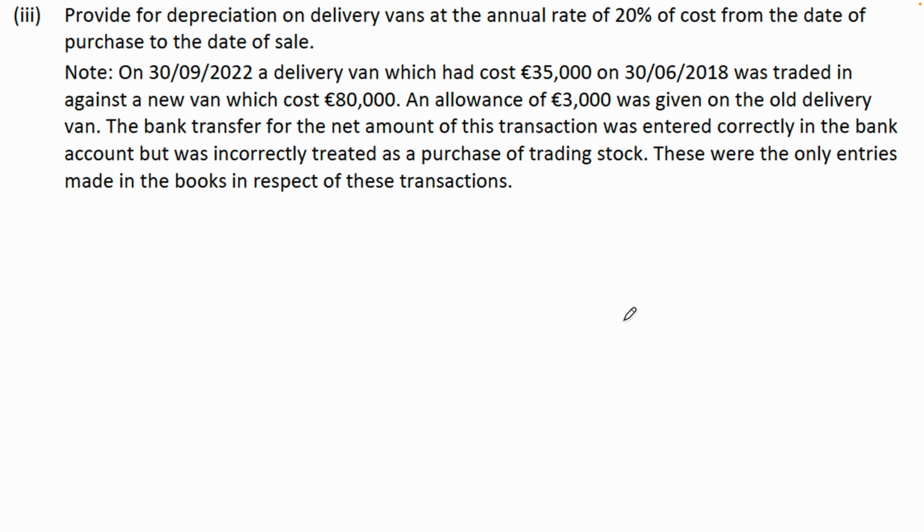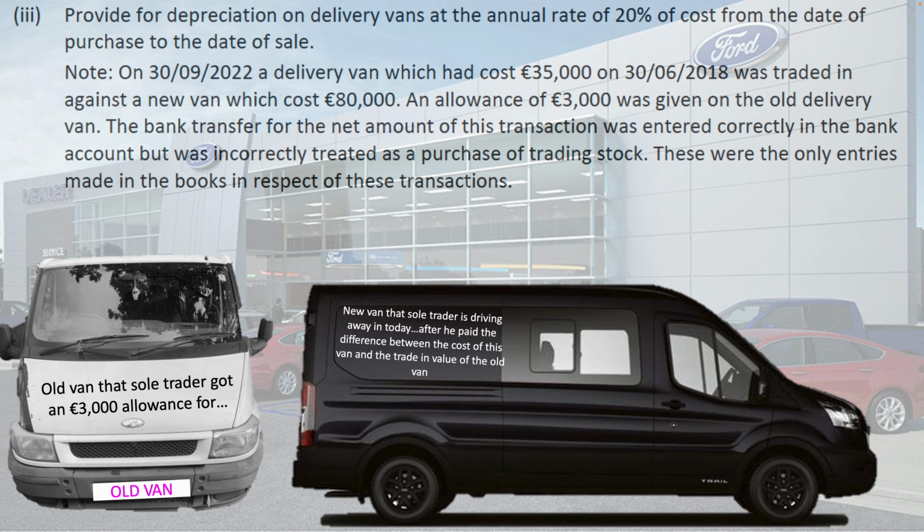Okay, an allowance of €3,000 was given on the old delivery van. The bank transfer for the net amount of this transaction was entered correctly in the bank account, but was incorrectly treated as a purchase of trading stock. These were the only entries made in the books in respect of these transactions.